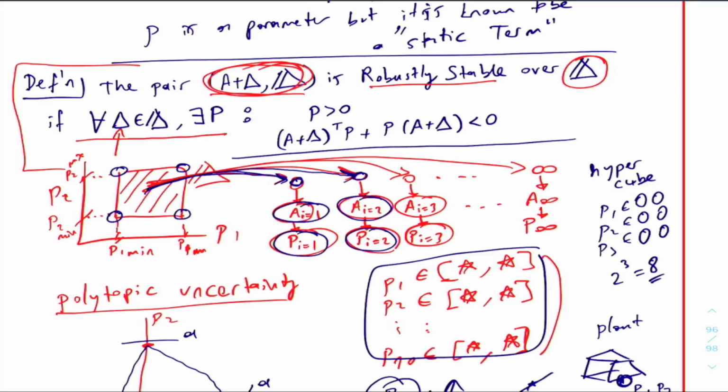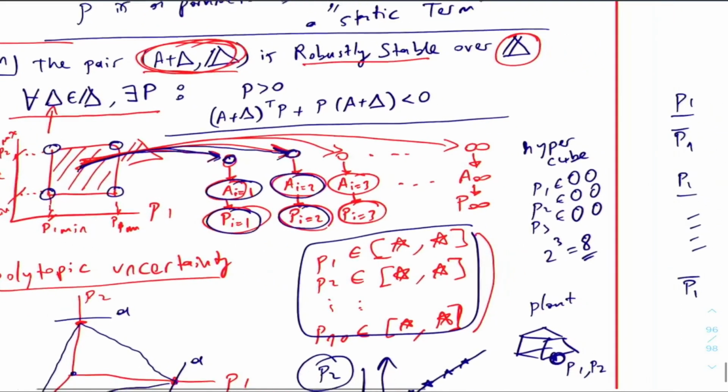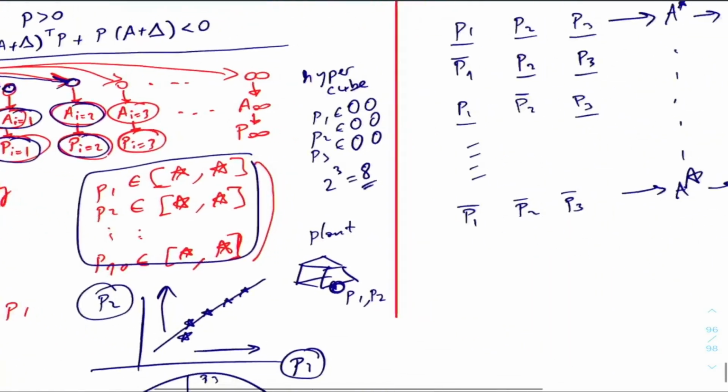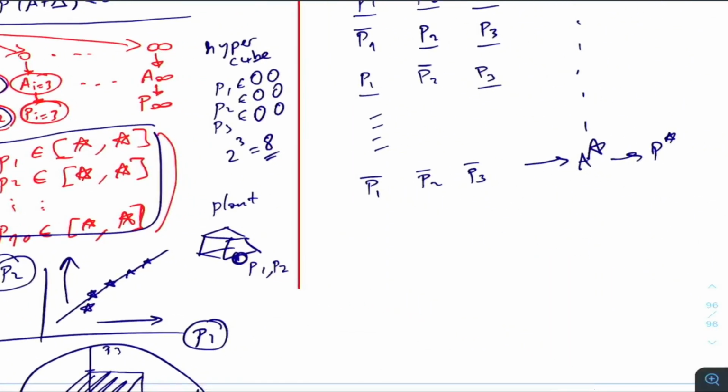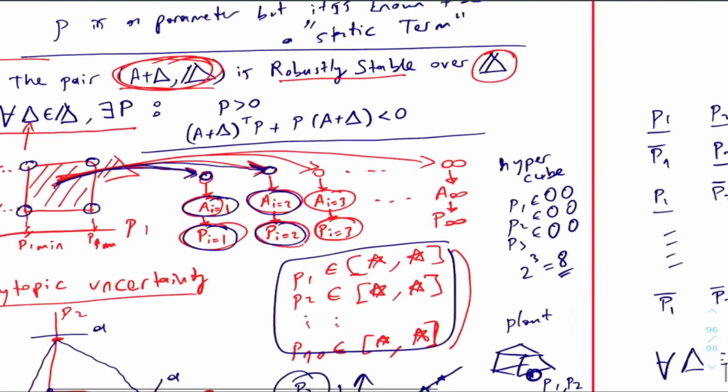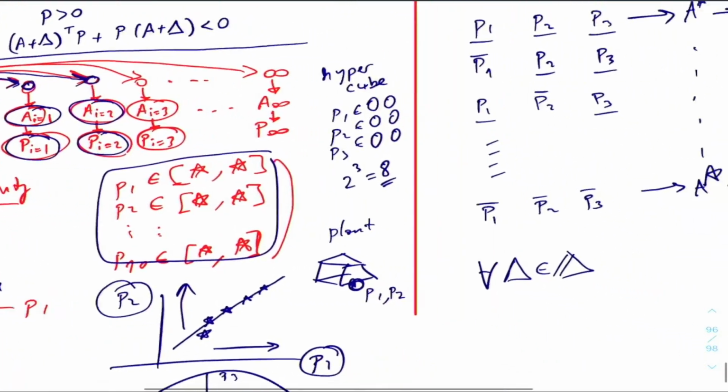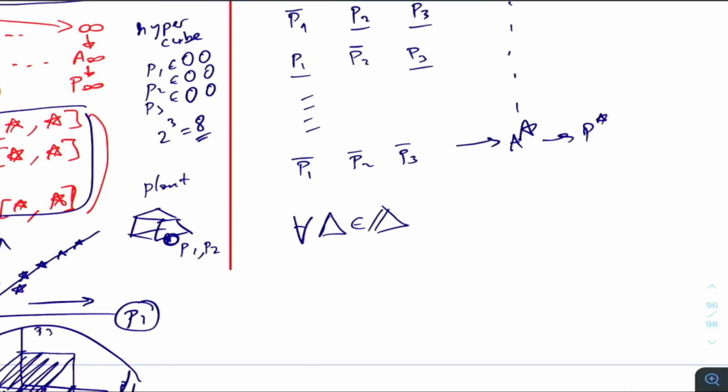Here I also like to mention this notation, for delta in that, right? Let's check that again. There exists P such that dot dot dot, after that the theorem is stated.